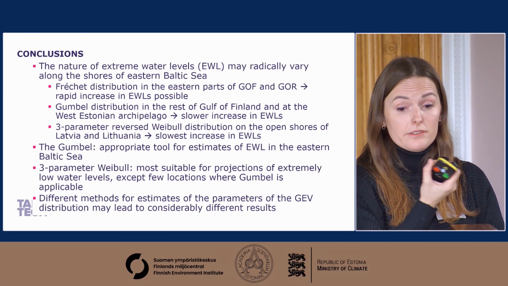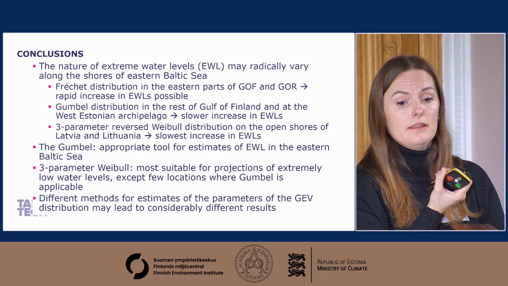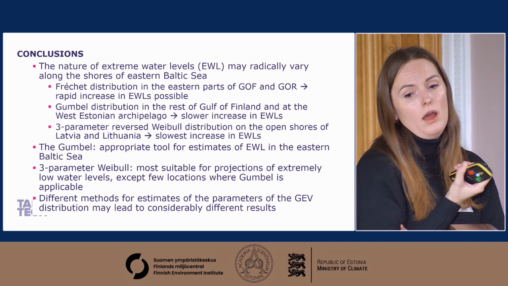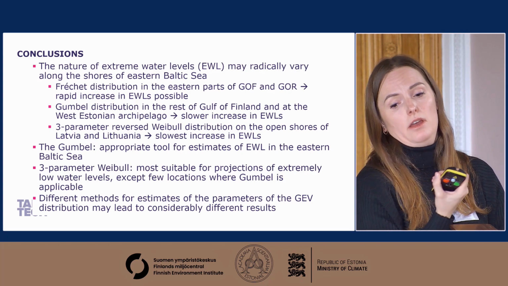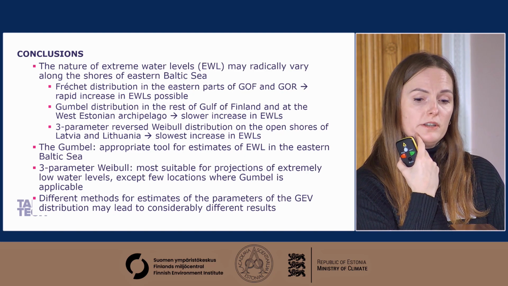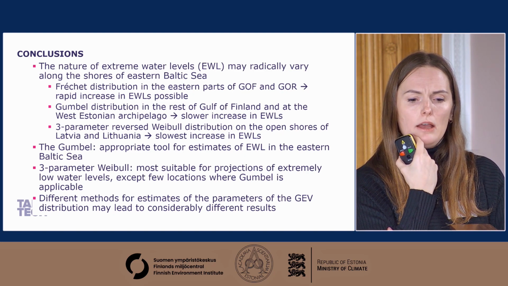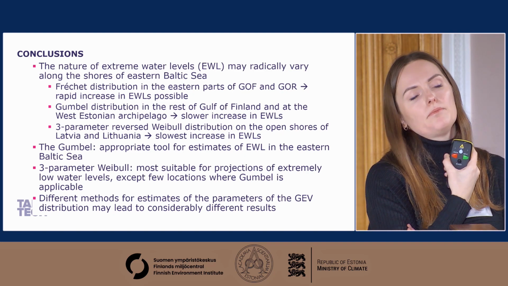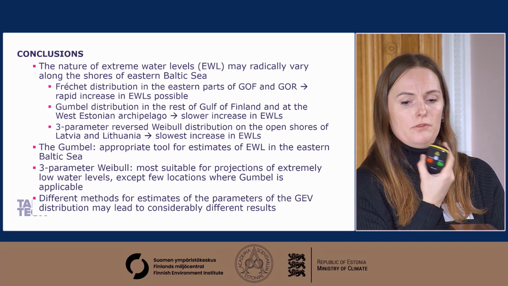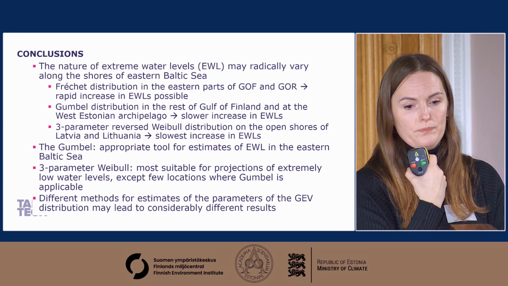In the rest of the Gulf of Finland and at the West Estonian archipelago, the increase is smaller but still existent because of the Gumbel distribution. And on the shores of Latvia and Lithuania, the increase of extremes is the slowest because of the presence of the Weibull distribution.